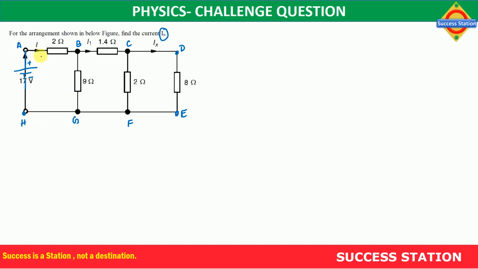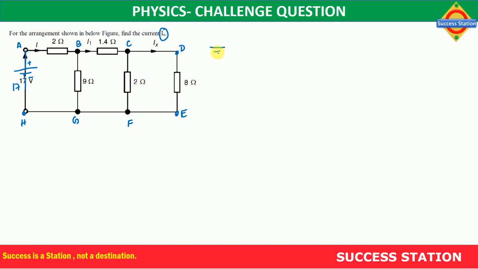First, I need to find out the current I, which is easy to find out. I can easily find it if I find the equivalent resistance, since I know the voltage. Clear? So I can find out I. Let's find out. Firstly, solving this, 8 and 2 are in parallel.